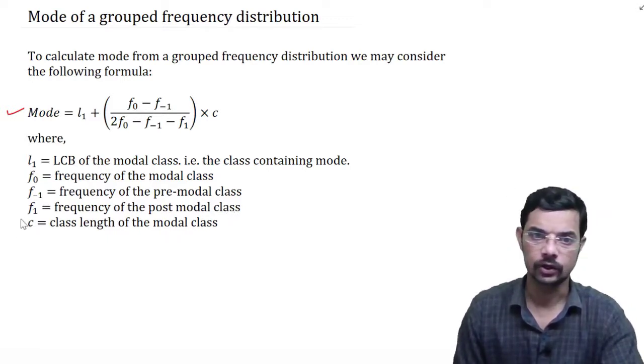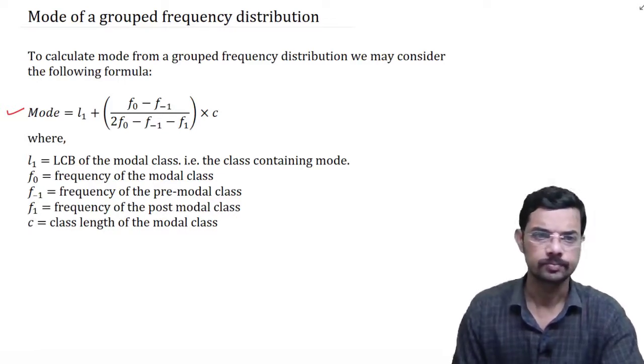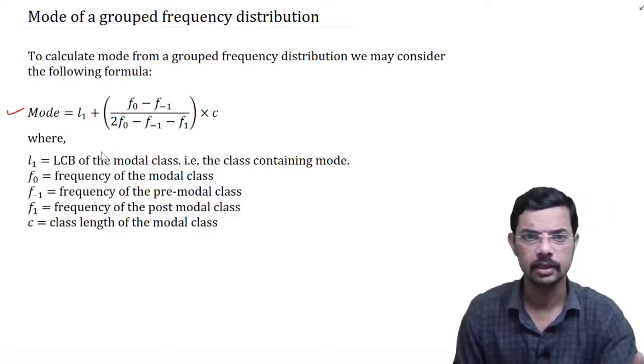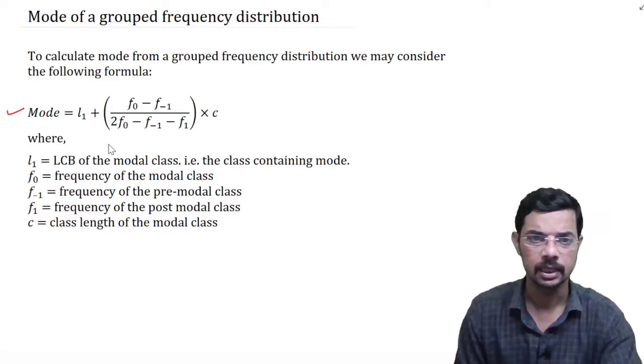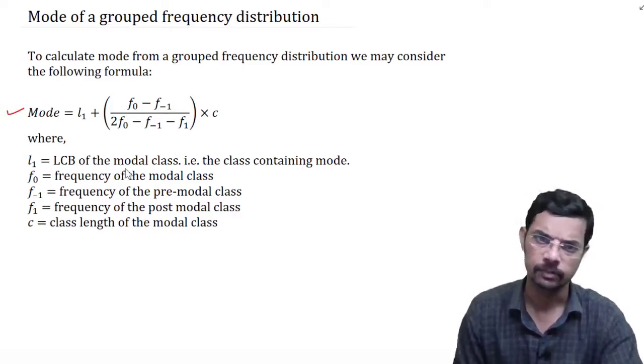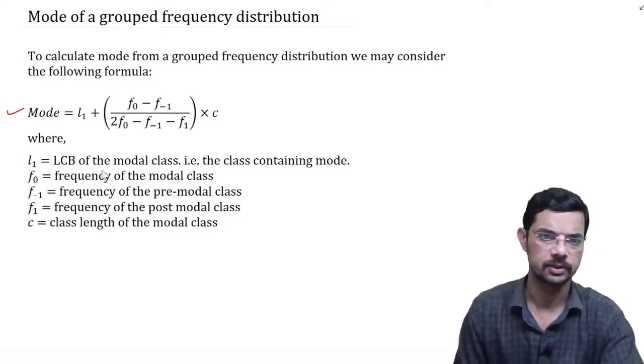Class length is denoted by C. Now let us discuss some properties of mode. We shall be using this formula for solving examples, and at that time we shall take all these things in detail: what is f0, how to obtain f0, f-1 and f1, what is C, and what is L1. We shall discuss that, so be patient.